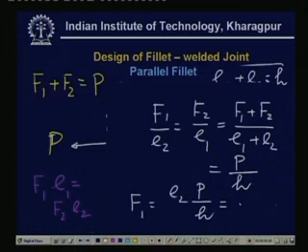and F1, the maximum load taken, will be equal to tau allowable times root 2 divided by the area, times the area of cross section.